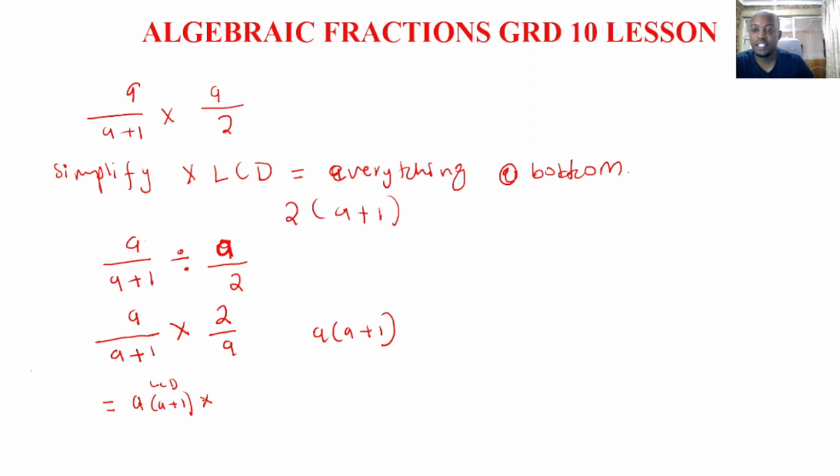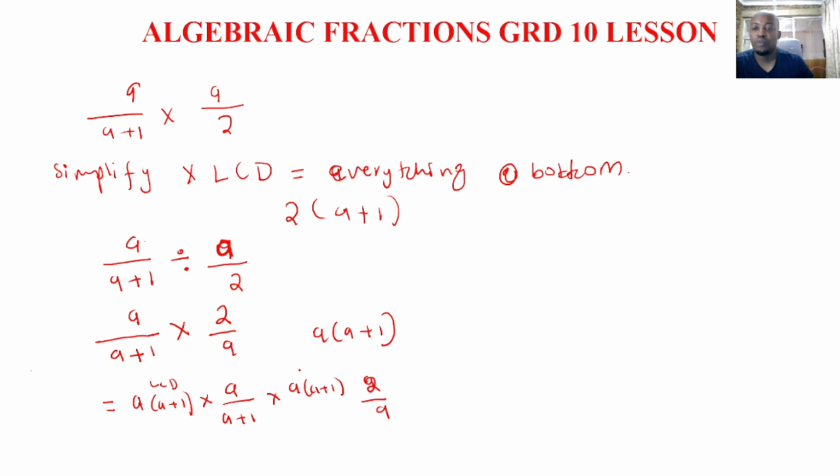You need to multiply it by the whole fraction, a into a plus 1, then multiply by a, then in this case a plus 1, therefore it's going to be 2 all over a. This is basically what I mean when I say multiply by the LCD.